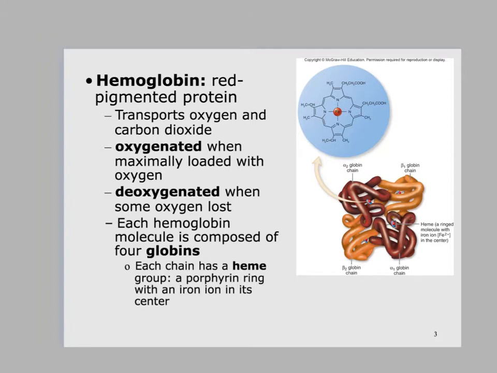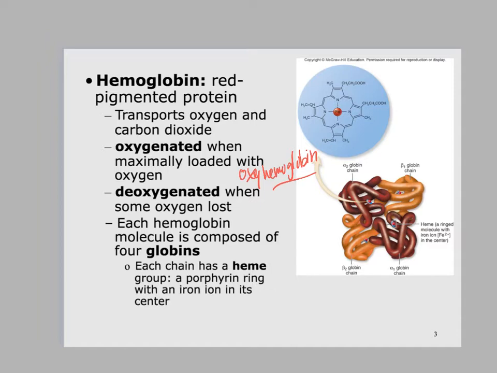So we say it's oxygenated when oxygen is bound to hemoglobin. We call that oxyhemoglobin. That's the term for it. Okay? Deoxygenated when some oxygen is lost, when it's not maximally binding oxygen.